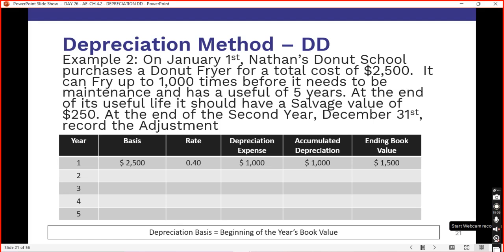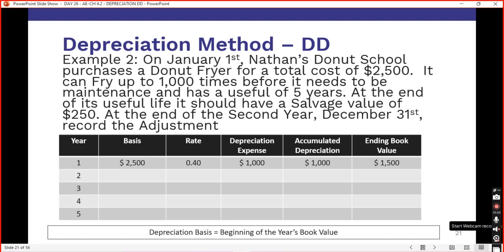What is the beginning of the year's book value for year 2? 1,500, because if you end year 1 on December 31st, your ending book value is 1,500.